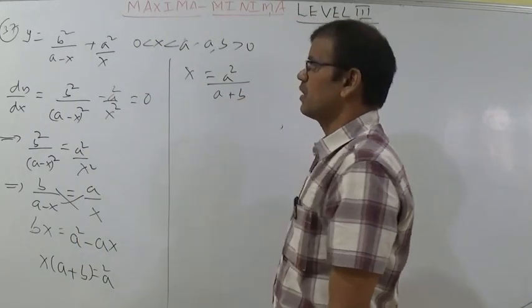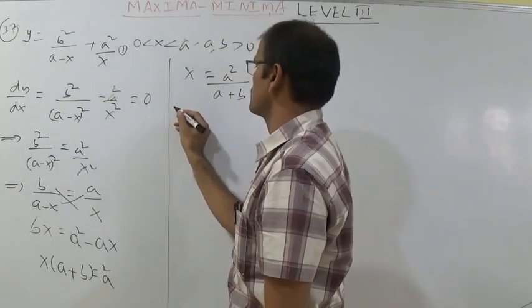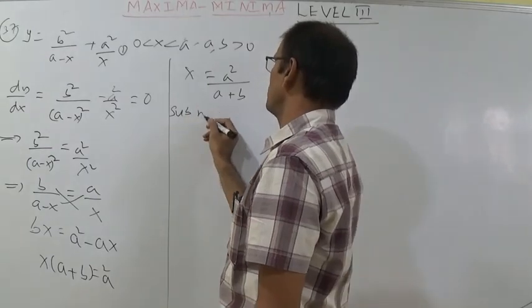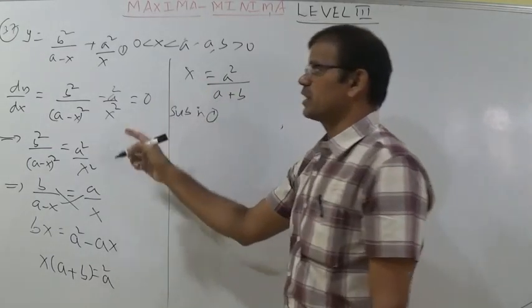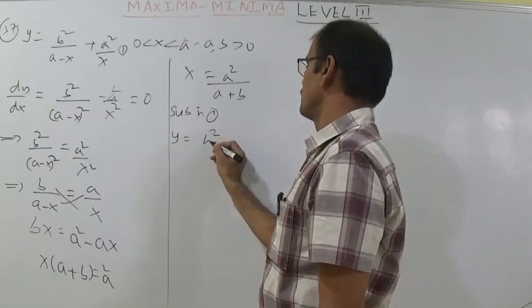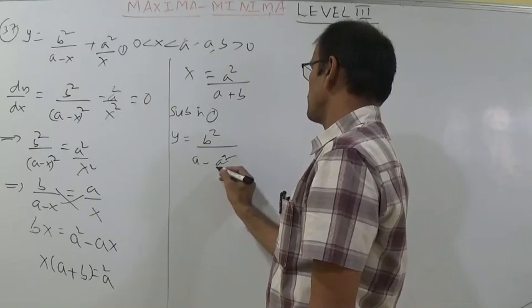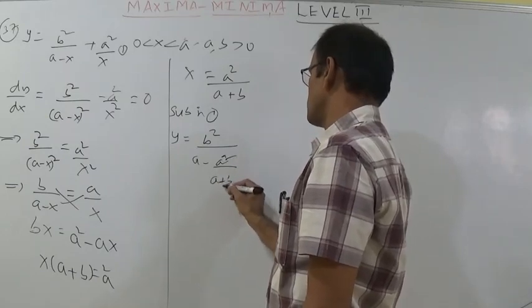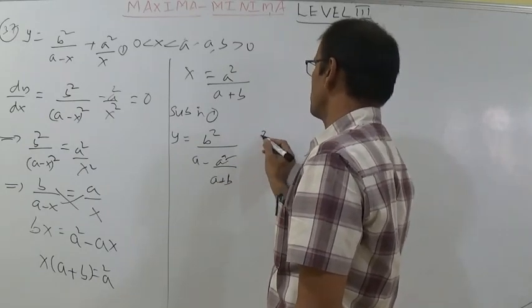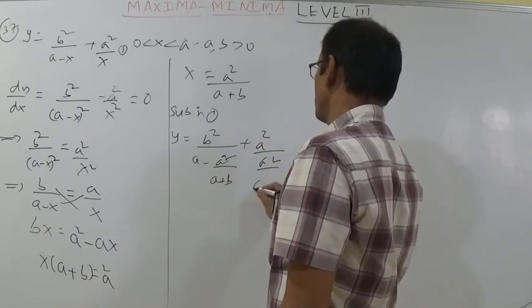Substitute this value in y, let it be the first equation. I am writing here, sub in 1. Substituting the x value in 1, we get the minimum value y is equal to b square by (a minus a square by a plus b) plus a square by (a square by a plus b).